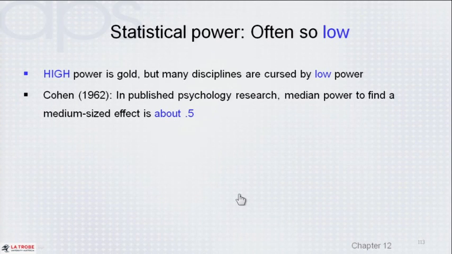Statistical power in psychology and a number of other disciplines has alas often been very low. And Cohen, 50 or 60 years ago, published data showing that in many areas of psychology, average or median power to find a medium-sized effect, delta of 0.5, is only a coin toss.